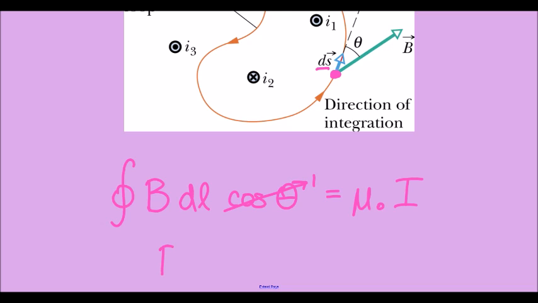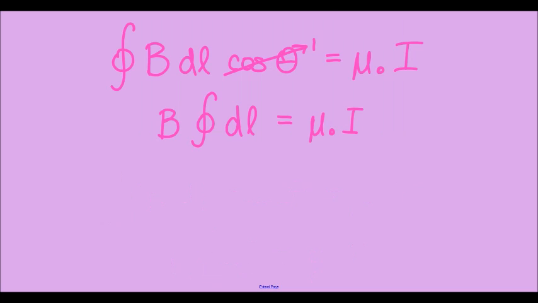And hopefully, thanks to symmetry, the magnetic field will be constant. So we'll really just be taking the integral of dl, pull that magnetic field out. And typically that integral of dl will give us B times whatever the length is of our loop equals mu naught I. And again, we'll look at a couple examples of using that.